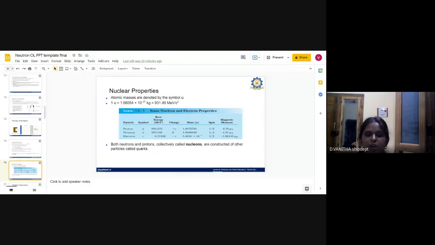The mass is equal to 5.4858 times 10 to the power minus 4. So the mass is very small compared to the mass of the proton and neutron. The proton and neutrons are collectively called nucleons.